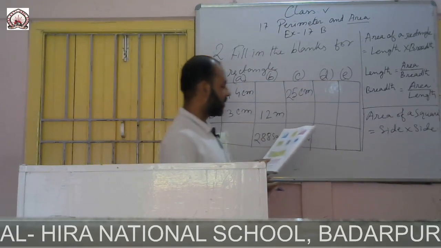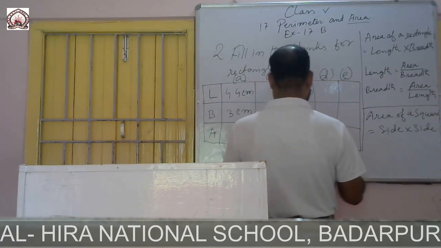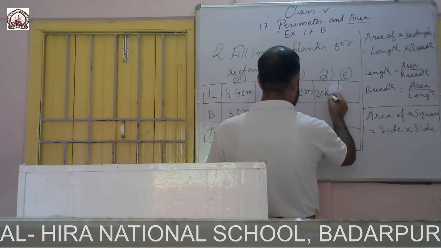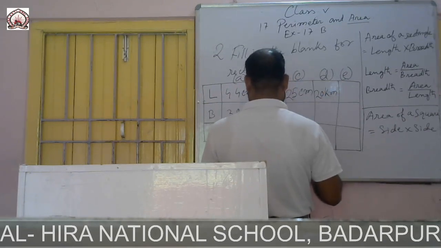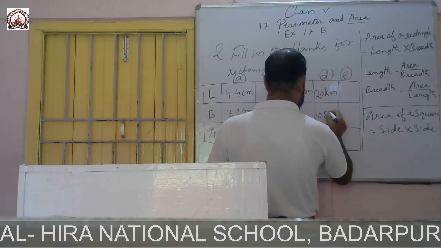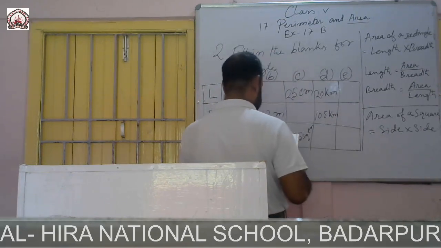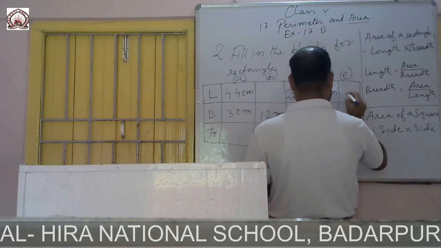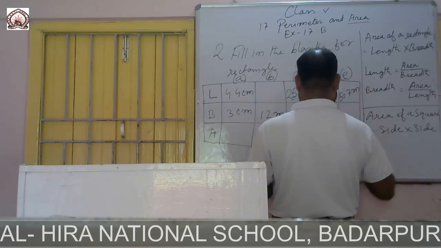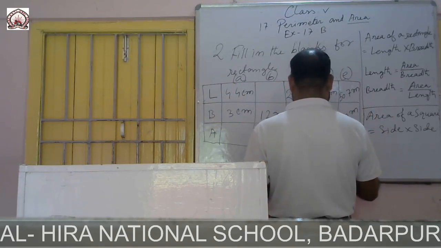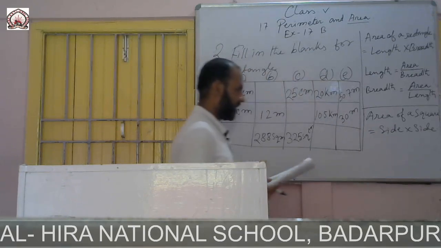Question number D: length 20 kilometer, breadth equals 10.5 kilometer, we take out area. Question number E: 50.7 meter and 30 meter, we take out the area.